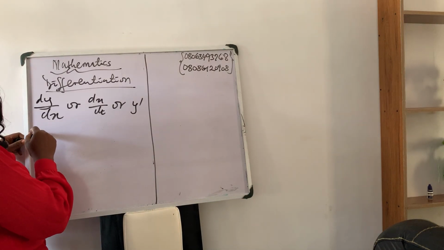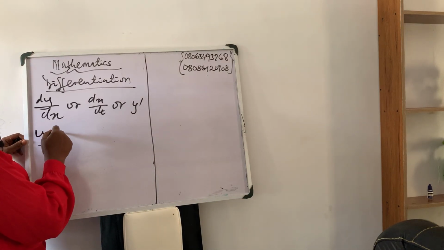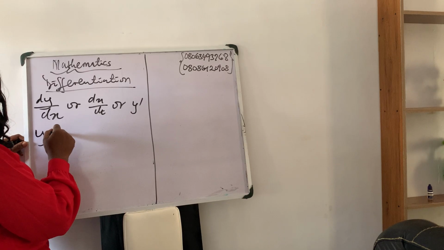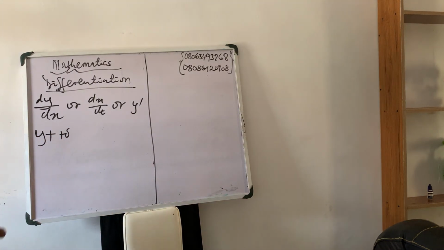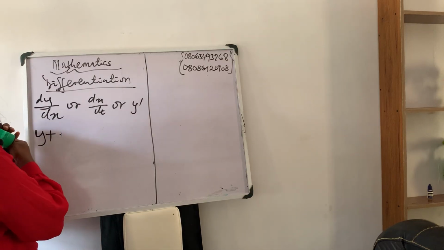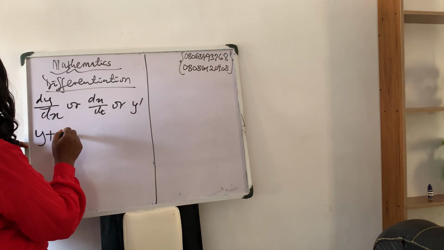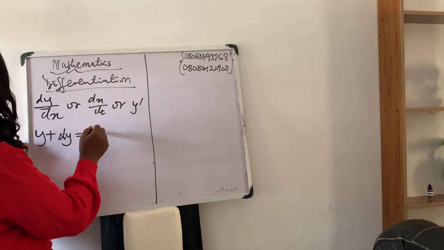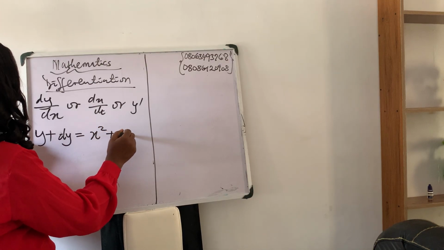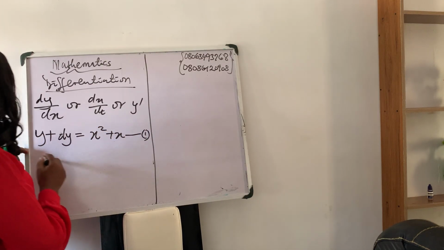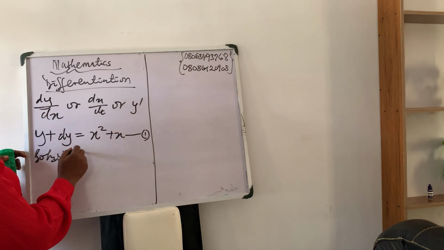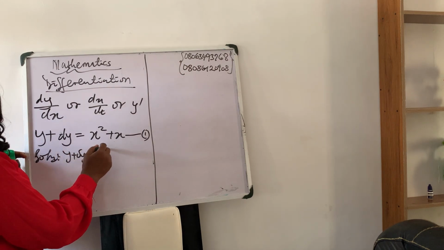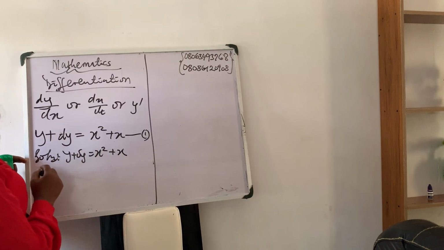Example: differentiate using the first principle, y equal to x squared plus x. We'll call this equation 1. Solution: y plus dy equal to x squared plus x.